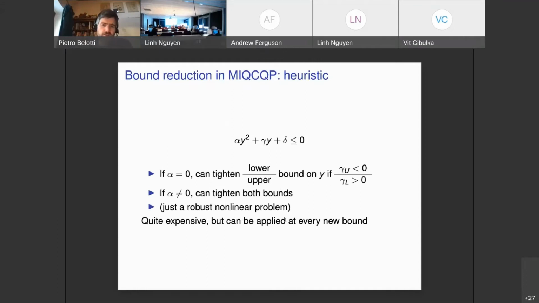But basically, the solution is as follows: if alpha is equal to 0, which could happen in some cases, then you can tighten the lower bound on y if the upper bound on gamma is negative, and vice versa. You can tighten the upper bound on y if the lower bound on gamma is positive. If alpha is non-zero, then you can still do something on the bounds, and you could easily tighten the bounds on y. Keep in mind that obviously this is a heuristic approach.